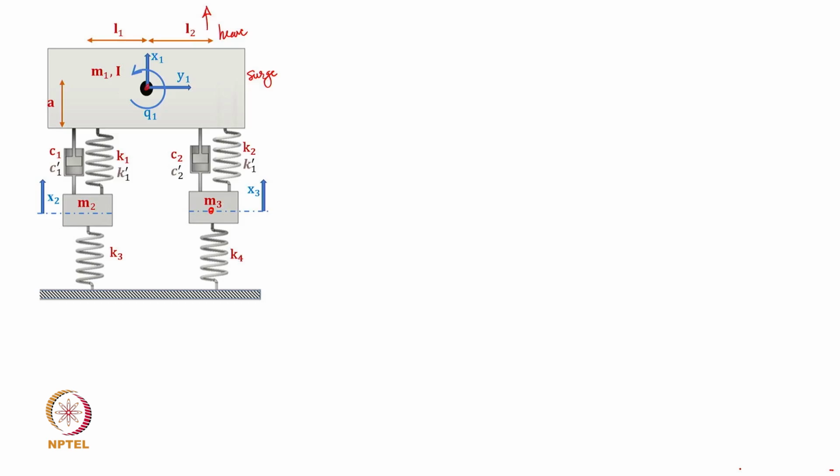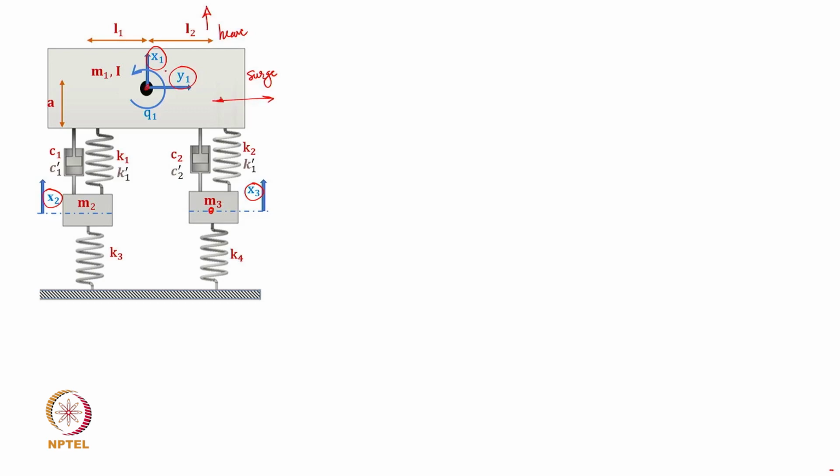Therefore, the 2 degrees of freedom for the wheels are only the vertical translatory motion, and for the chassis, not only the vertical vibratory motion, but also the surge motion y1 along the axis of the vehicle. So this is another degree of freedom that we are including.